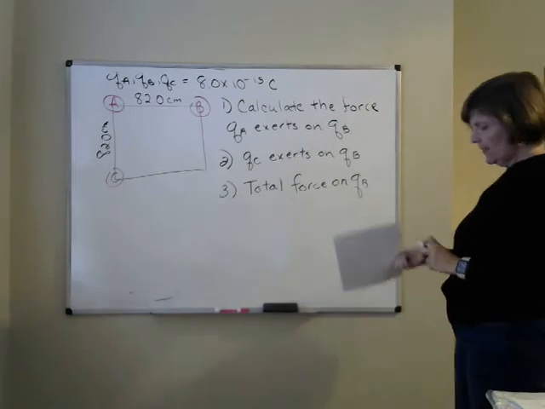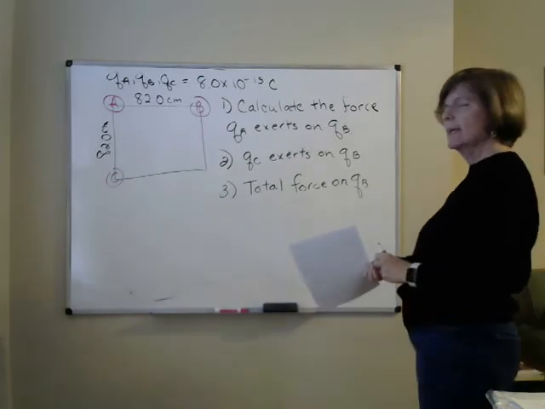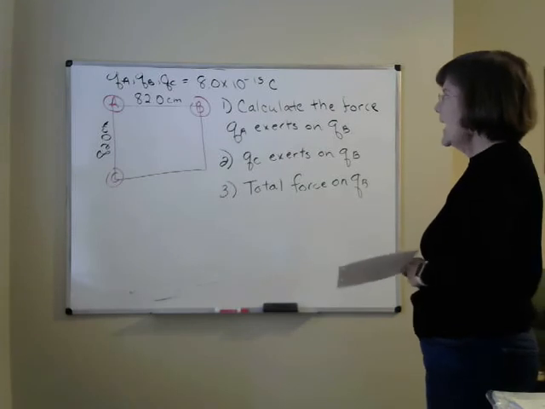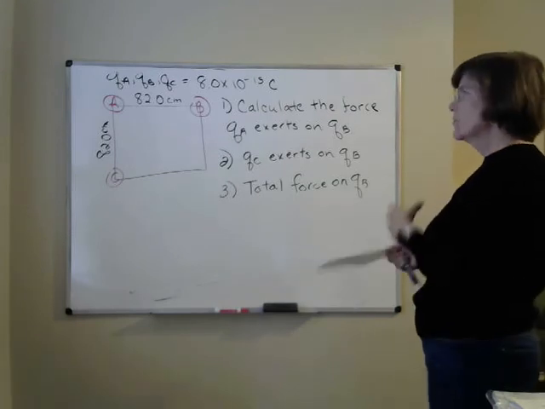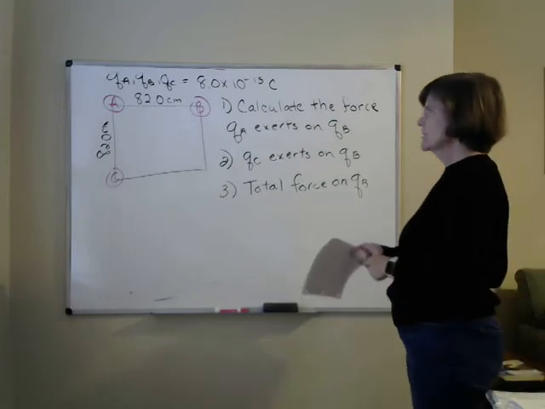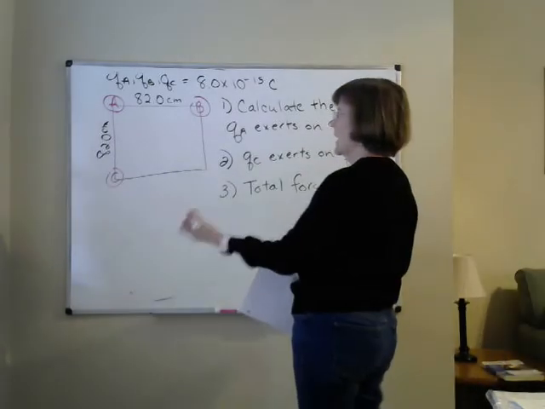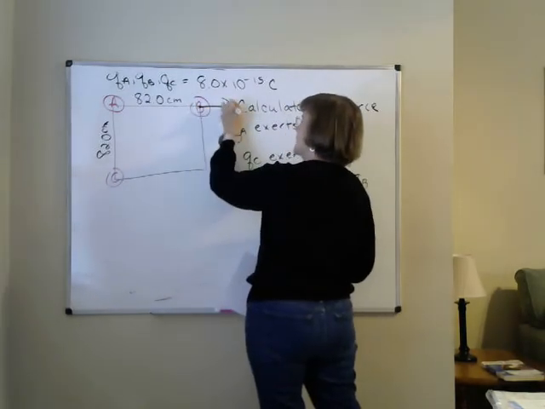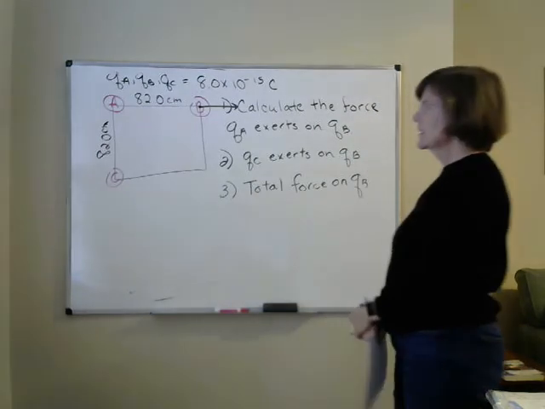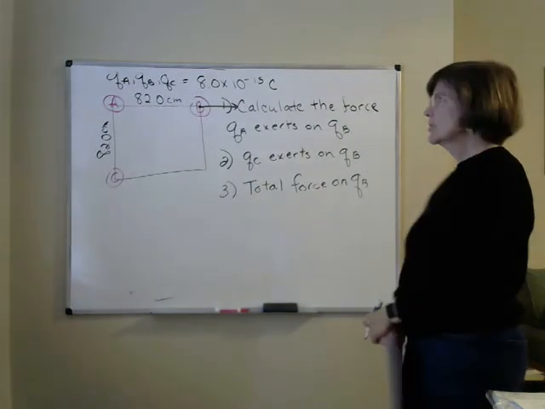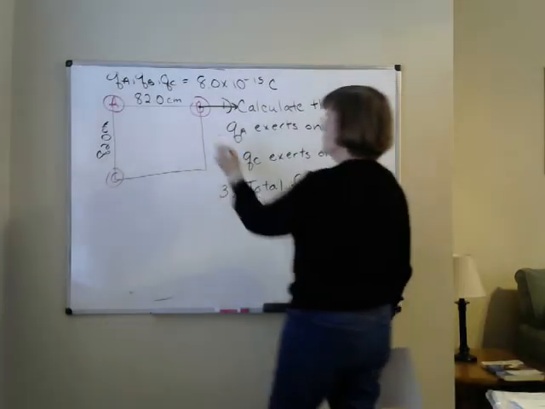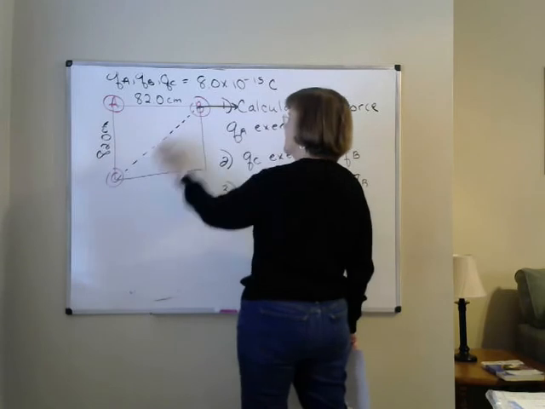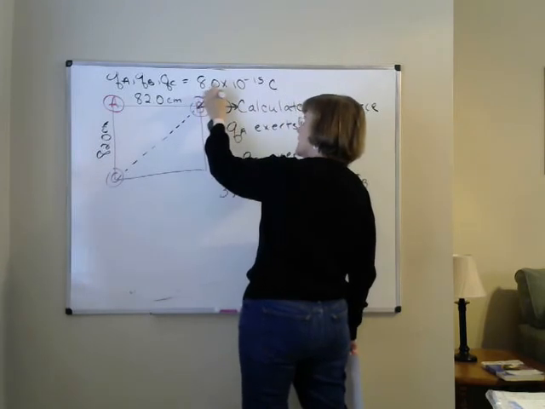All right, let's look at our picture and talk about direction, because it helps to think before we even start plugging in numbers. A and B have the same charge, so they're going to be repelled. The force that A exerts on B is going to be in this direction, repelled from A. You can also look at the diagonal, and you can see that C will exert a force in that direction.